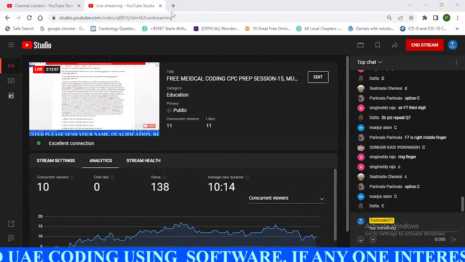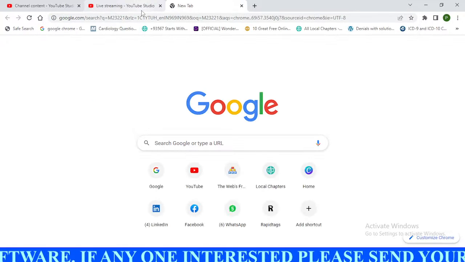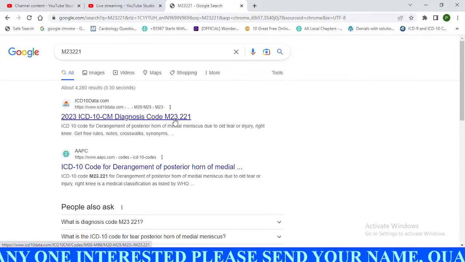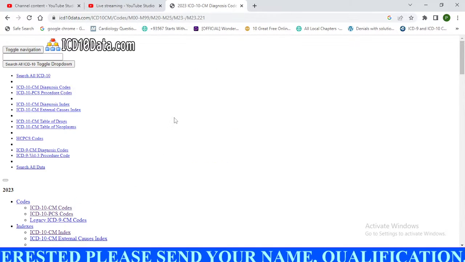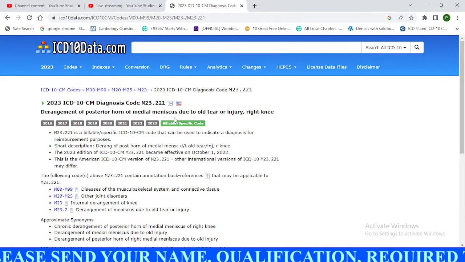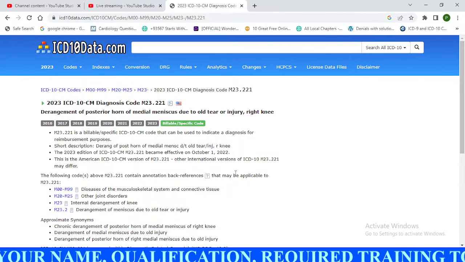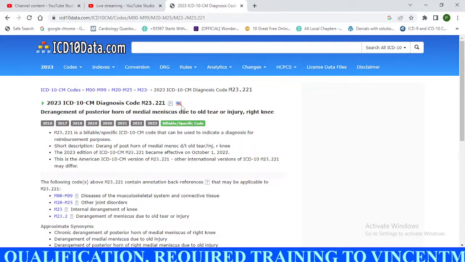We will find what that is. So M23221 is derangement of posterior horn of medial meniscus due to old tear or injury.